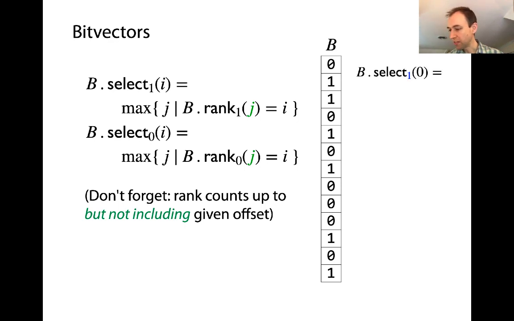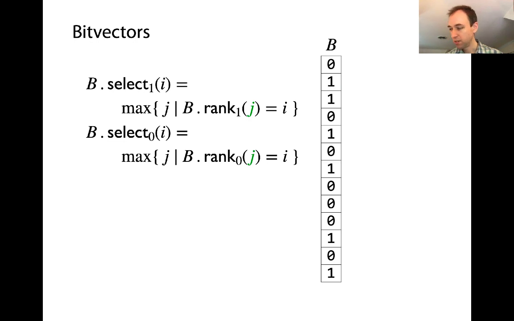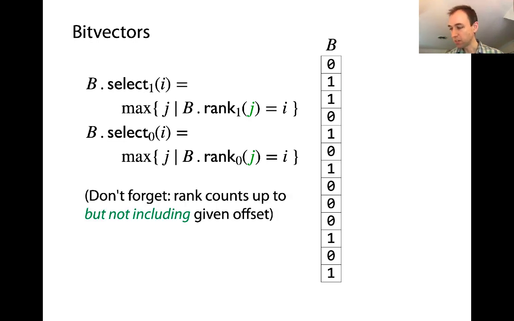Okay, so let's do an example. Here's b.select sub1 of 0. Okay, so again, what is this query defined as in terms of rank? So let's go look over here. It's the maximum j such that b.rank sub1 at j equals I. Okay, and the I in this case is 0.